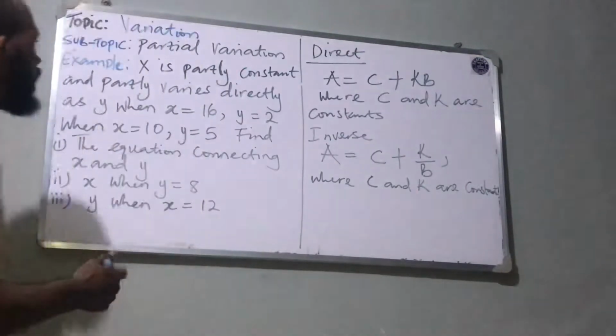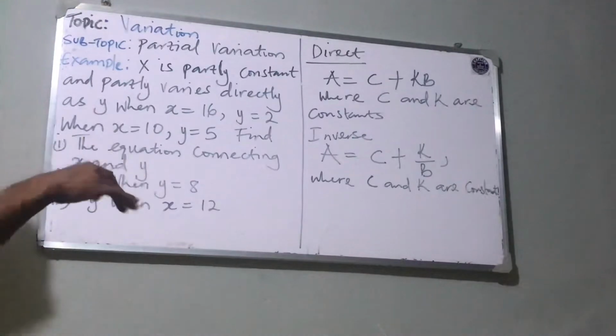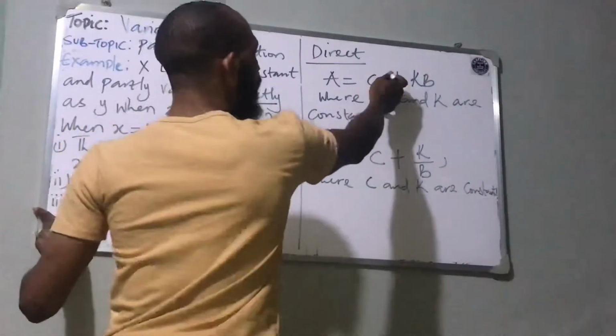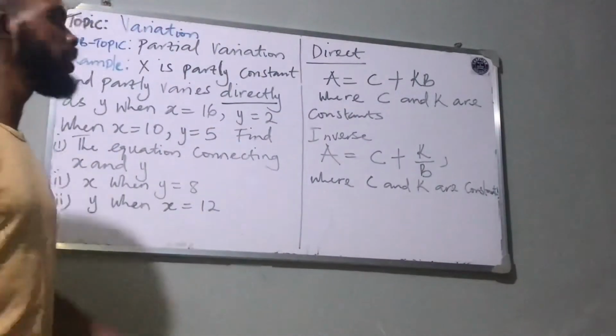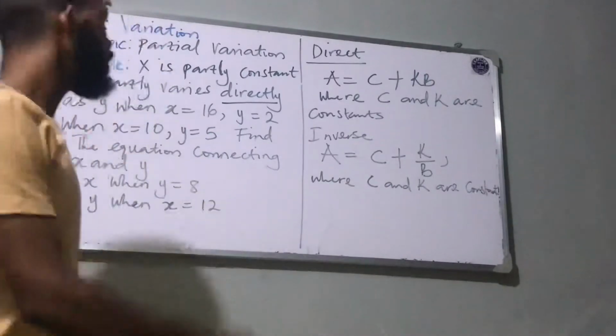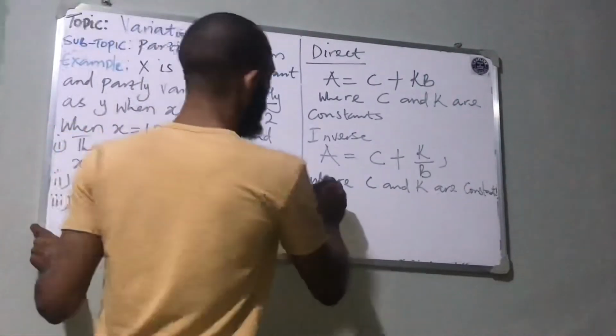Now let's quickly look at this. X is partly constant and partly varies directly as Y. Directly as Y, so that tells you that you're using the first formula. If it's inversely as Y, that means you're using the second formula. So since we're using the first formula, we just start. Solution.